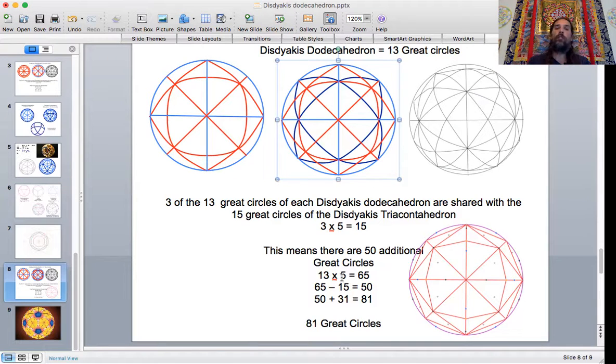So if there are 5 cubes in it, that means there's also 5 cubeoctahedrons, and the fusion of those forms, with the cubeoctahedron and the octahedron and cube, those all combine together to create this 13 great circles times 5. So that gives us 65 circles. But remember, 15 of those great circles are already part of this disdyakis tricontahedron. So we reduced that, and we got 50.